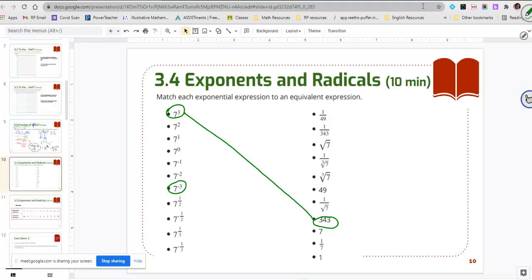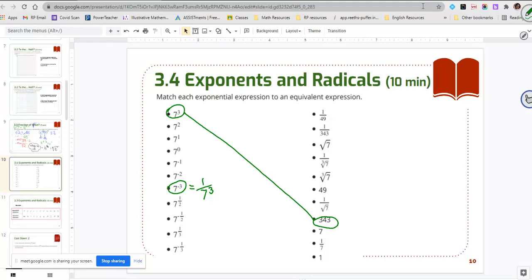7 to the negative 3. We have a rule that tells us that a negative exponent pushes it down to a denominator and makes the exponent positive. So we can rewrite 7 to the negative third power as 1 over 7 to the third.